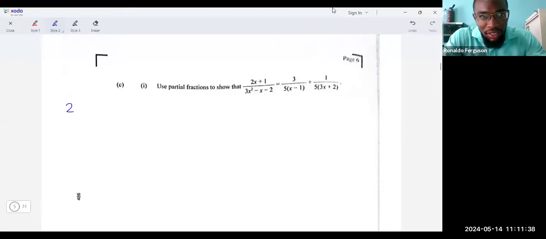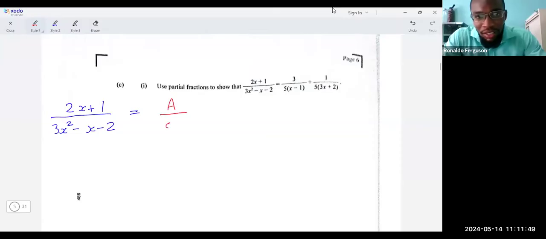So we're going to say, okay, 2x plus 1 over 3x squared minus x minus 2 is equal to, looking at what they say it is, a over x minus 1 plus b over 3x plus 2. Now on the right side, add these two.